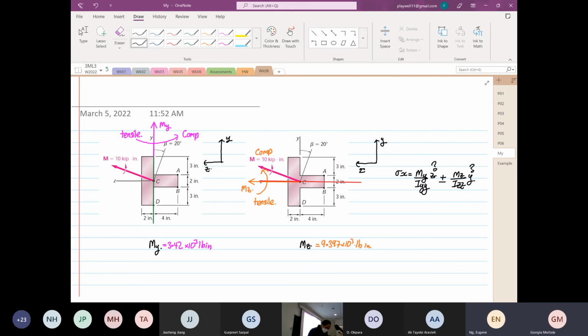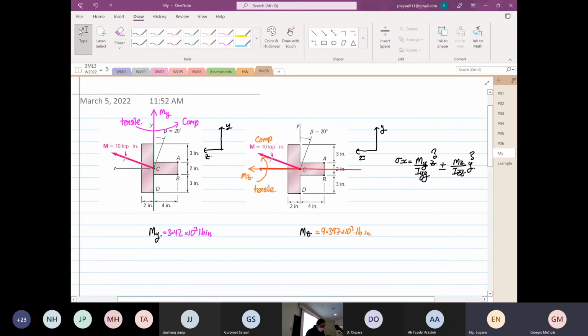So now we're going to find stress X at point A. Question for you all: what is the y distance and what is the z distance at point A? So point A is over here, right?